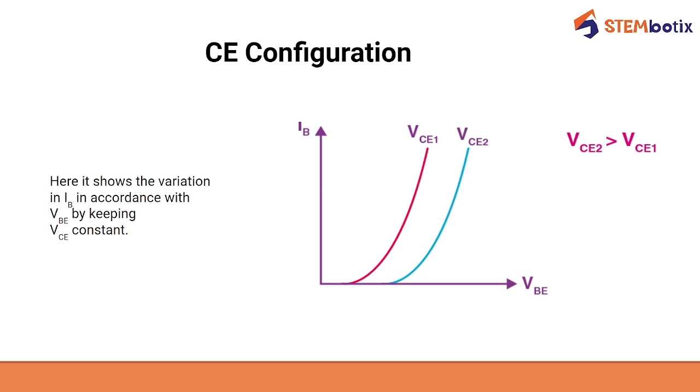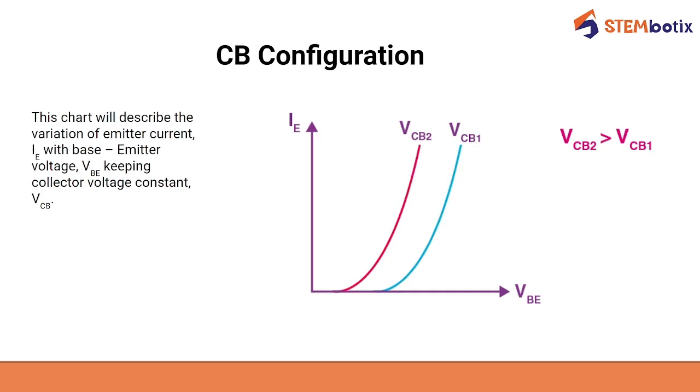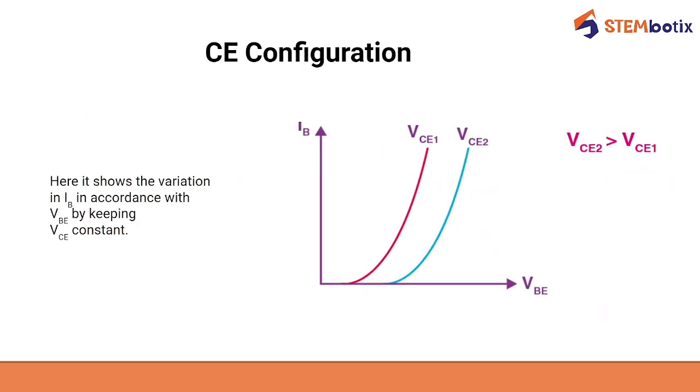This is the characteristic representation for common emitter configuration. It shows the variation in base current IB versus VBE, keeping VCE constant. So we keep the voltage VCE constant throughout this input characteristic in CB, CC and CE configurations.